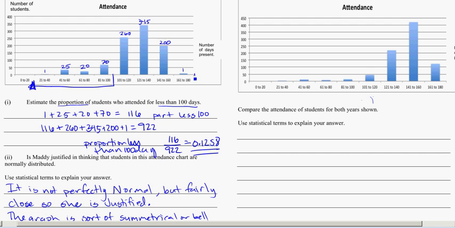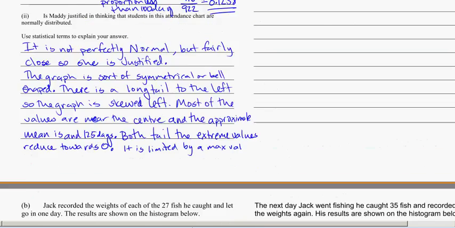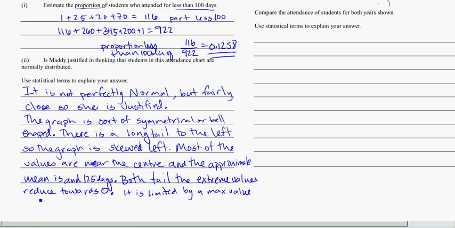You cannot have more than 180 days at school, and you cannot have less than 0 days at school. So you might say it is maybe not, it is limited by a max value of 180 days and min of 0 days.